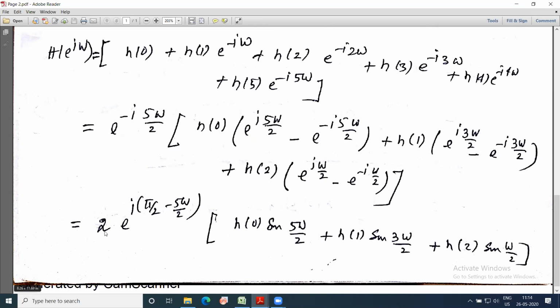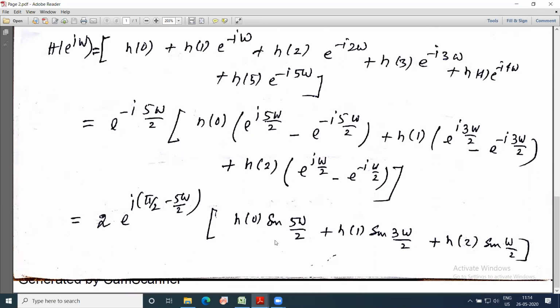The j is included here, and j corresponds to e to the power j pi by 2. So here it is e power j pi by 2 minus 5 by 2 omega into this term. This will be the expression for H of e power j omega.